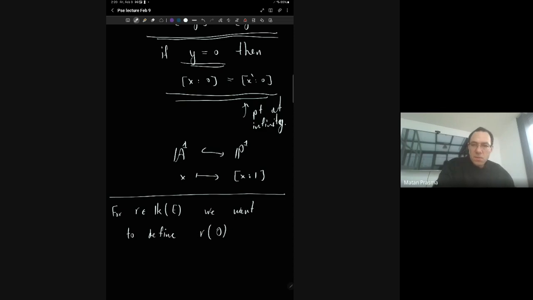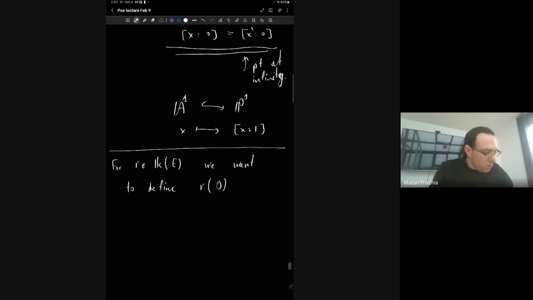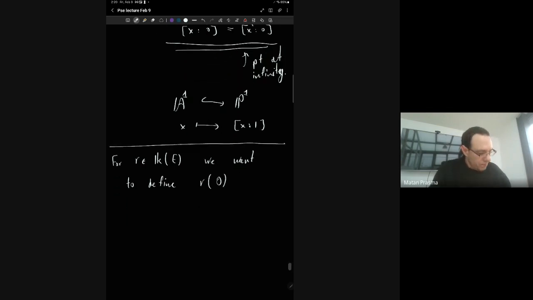I can, of course, write down the definition quickly, but I want to motivate it, and the motivation is: what do we do in one variable?